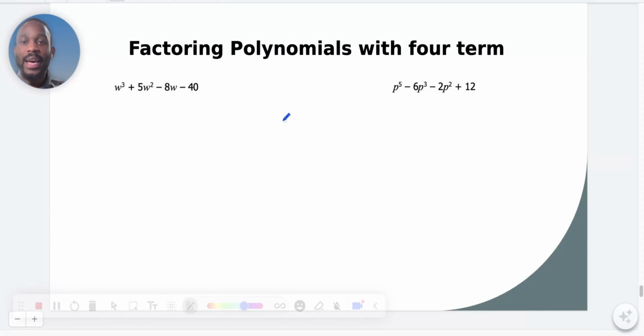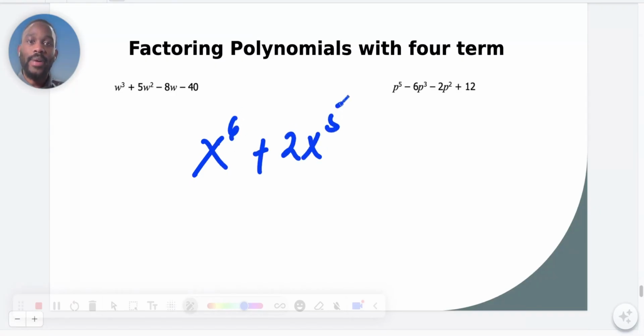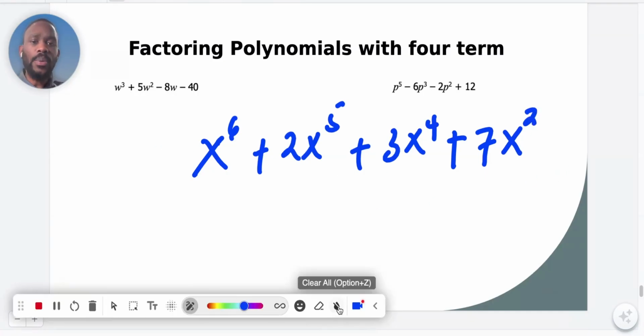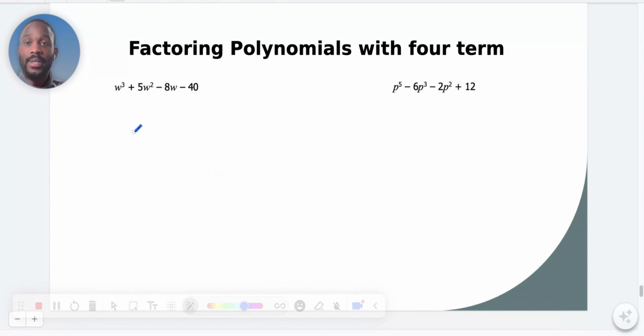For example, if it's x, it has to start with x to the power 6, followed by 2x to the power 5, followed by 3x to the power 4. I'm calling this power, but you can call it exponent, it's also fine. Followed by 7x to the power 2. It has to be all ordered correctly. So when you look at this example, it is.